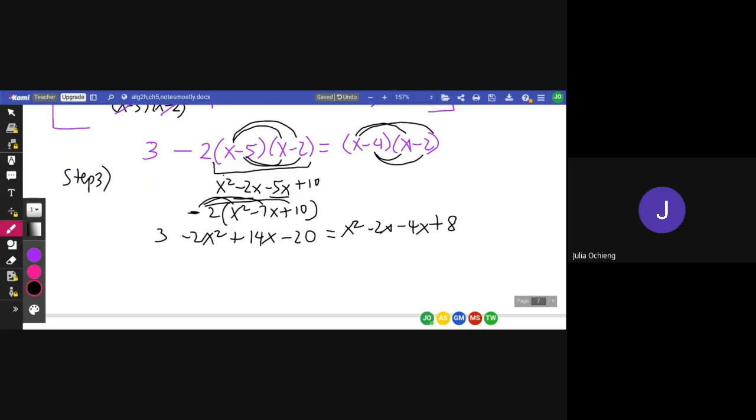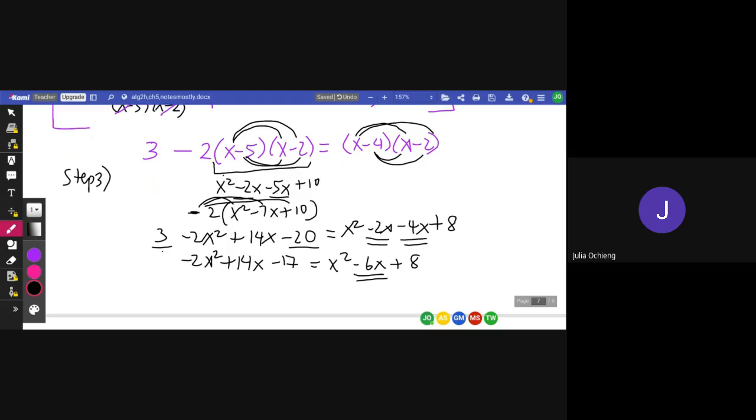So I'm going to combine the 3 and the negative 20. I'm going to combine the negative 2 and the negative 4 on that side. Okay, so those two went together to be the negative 6x. All right, and then the 3 and the minus 20 was negative 17.